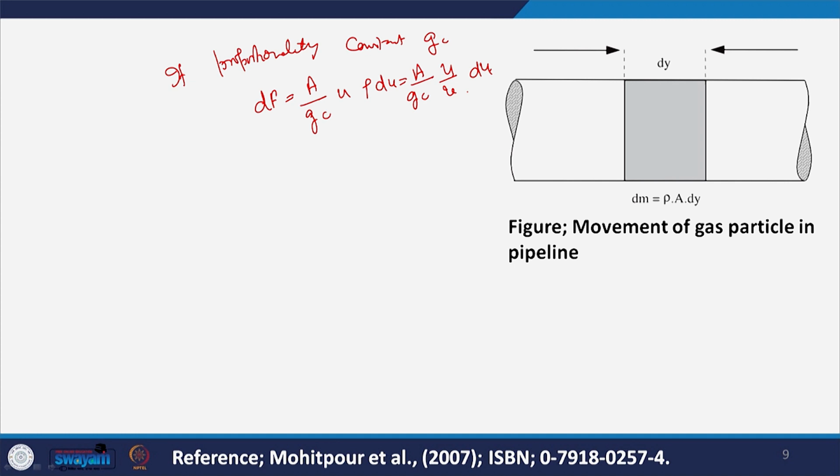So, the impact of all existing forces, that is pressure, weight and friction, exerted on a particle of gas in a non-horizontal pipeline can be considered in a different equation.